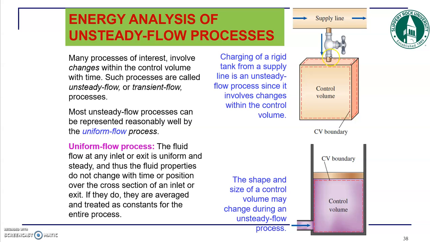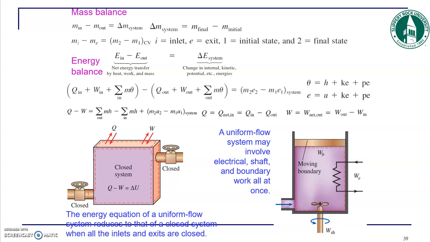Also there is a flow energy coming into your control volume, added to your total energy, so your total energy within the control volume is also changing with time. So that's an unsteady flow process, and we want to talk about how the first law of thermodynamics would look for this type of process.